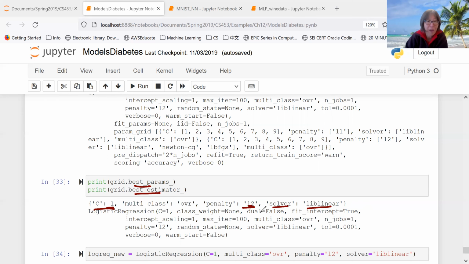Then for the logistic regression, it gives you the full model that it used for training. So we can say C is 1, the penalty is L2, and the solver is this. So this is regarding parameter tuning.